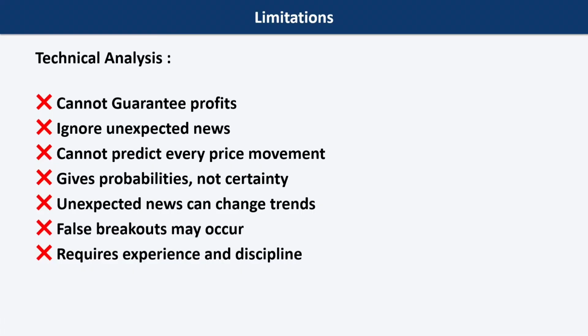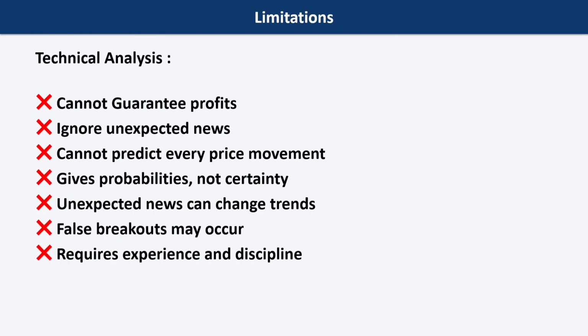Although there are many advantages and technical analysis is a powerful tool, still it has certain limitations. Every investor should understand these limitations before using it. It cannot guarantee profits, right? The first limitation is that technical analysis cannot guarantee profits.